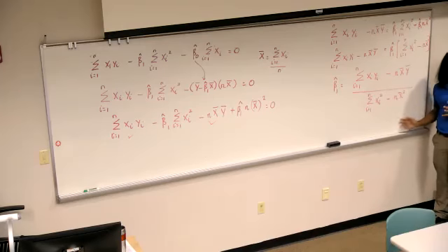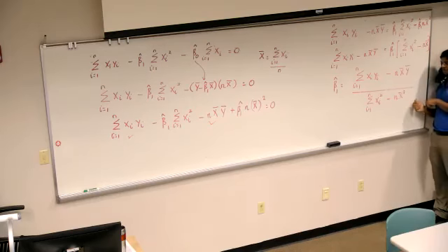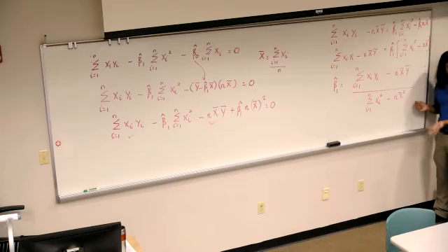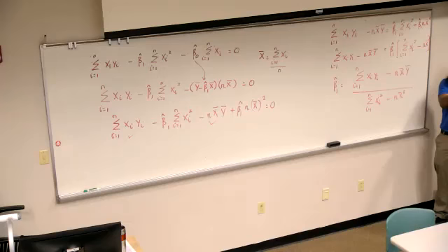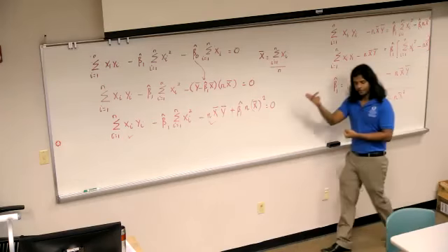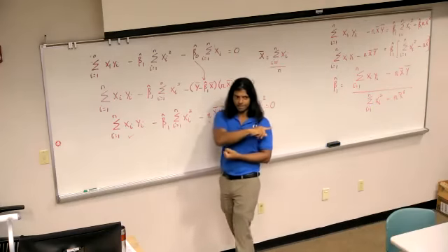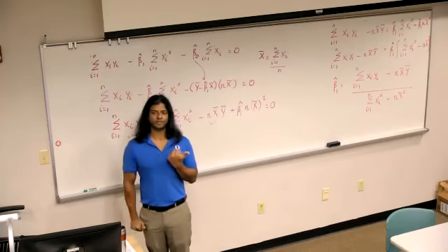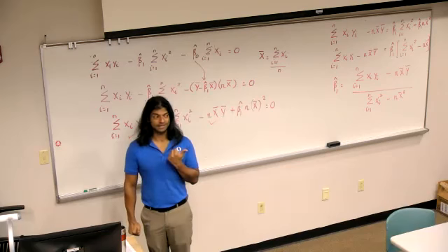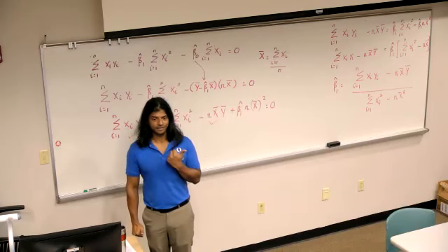No unknowns here. Everything is based on xi, yi. So the first step would be to find beta 1 hat. Once we find beta 1 hat using the data by itself, take this value, go back and put it in beta naught hat. And at that point, you know beta 1 hat, you know y bar, you know x bar, you can solve for beta naught hat. Does that make sense? Yes.